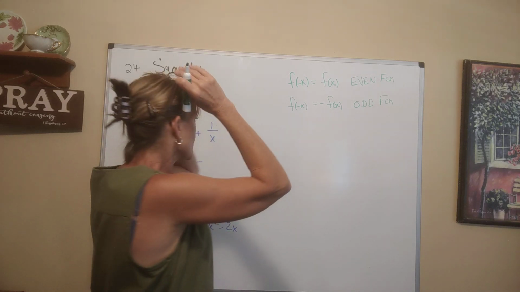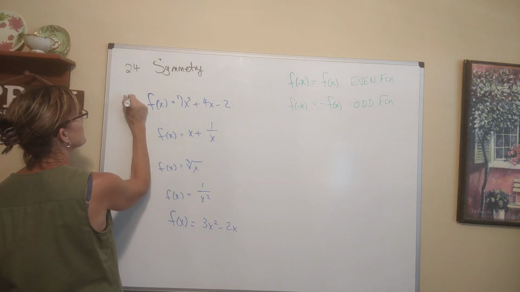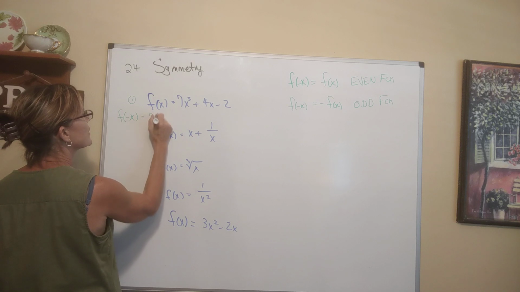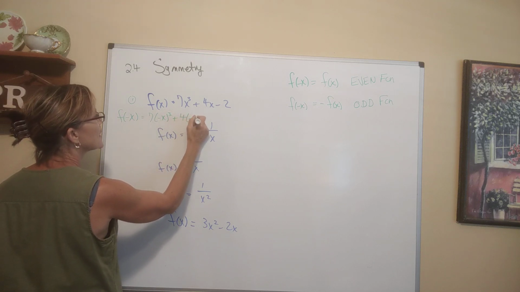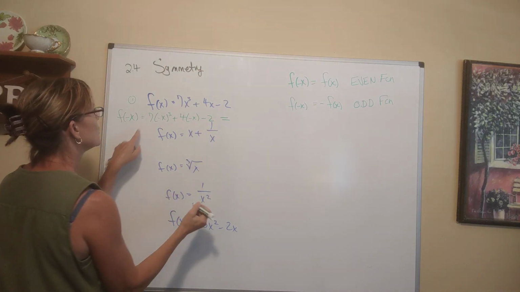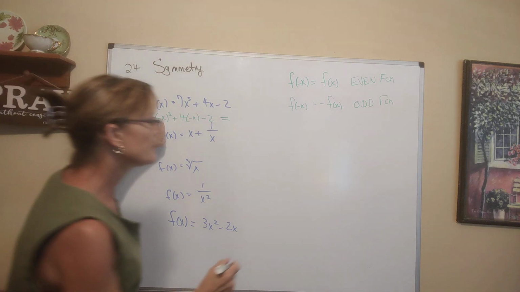So here we go. Let's do the test for the first one. f of negative x is equal to 7 times negative x cubed plus 4 times negative x minus 2. Negative x cubed is negative x times negative x times negative x.